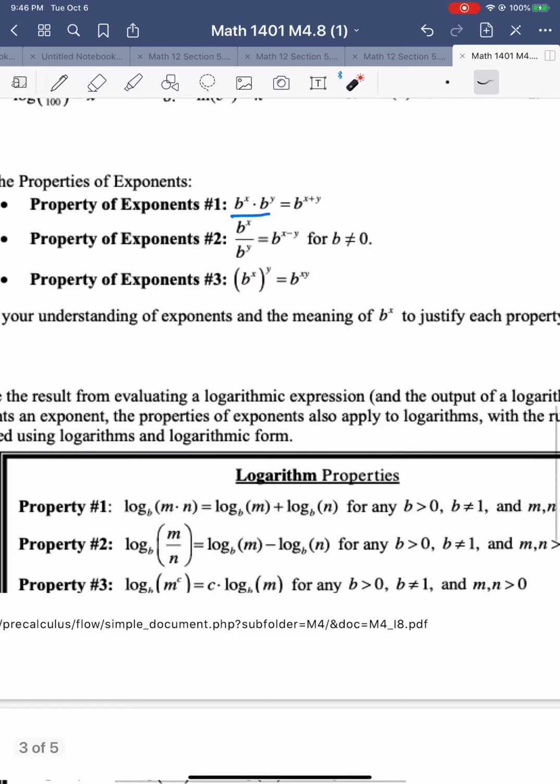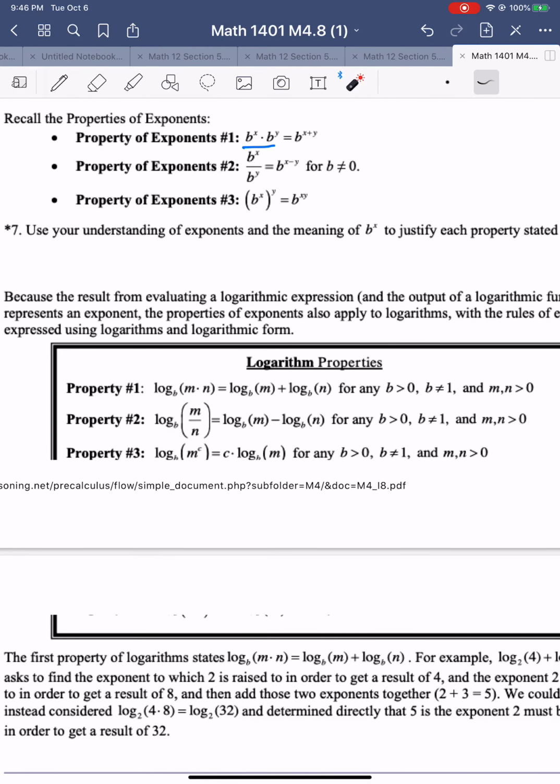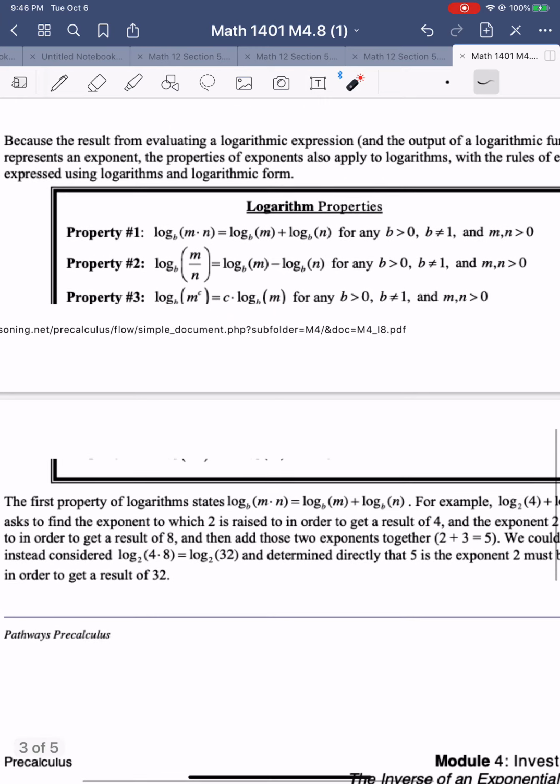That's exactly the same as the logarithmic properties too. When you're multiplying, you add, because these are the exponents; the log means the exponent, so you're adding the two exponents, just like x plus y. As a quotient, you subtract the exponents. As a power rule, where c is also an exponent and log is an exponent, you can just multiply them together too.